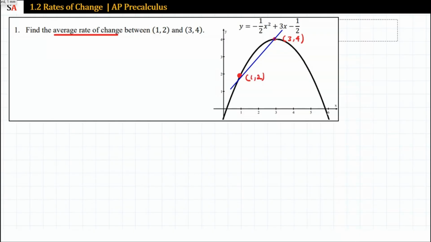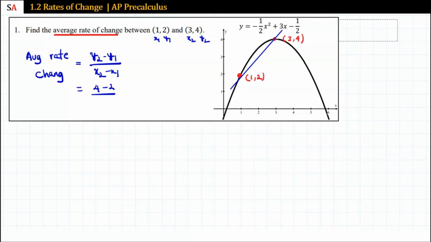So the average rate of change, ARC, is equal to y2 minus y1 over x2 minus x1. Here this one is x1, y1, and this is x2, y2. So y2 is 4 minus 2 over x2 minus x1, 3 minus 1.